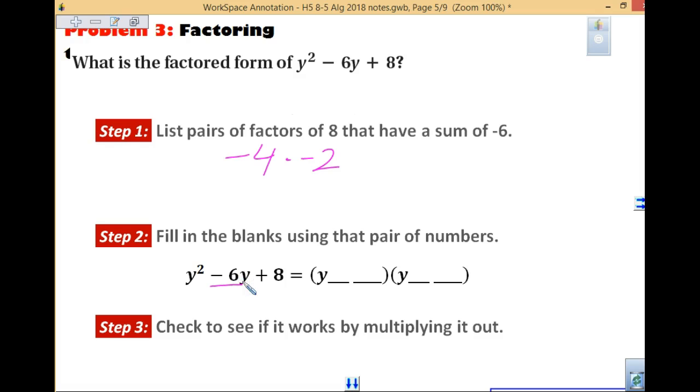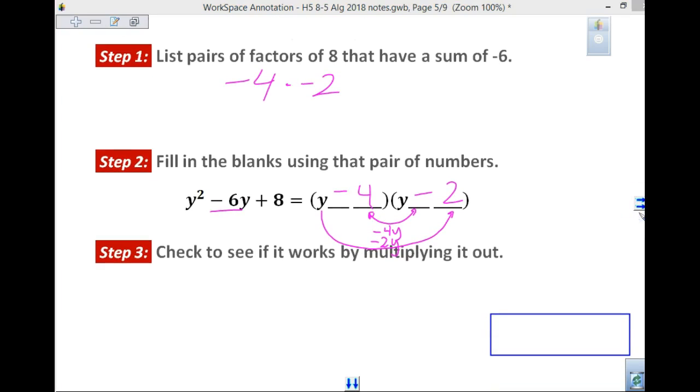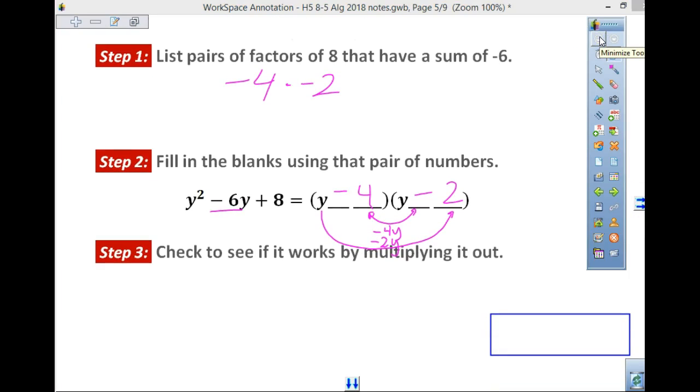So when we write that down, -4, -2. Here's how you're always checking that middle term. You're going to multiply these two, right? That's our -4. And then the outside. So the inside and the outside, that's our -2y, that's our -4y. Okay? And then it says, if we would check it by multiplying, so if I multiply that out, this would give me what I started with.